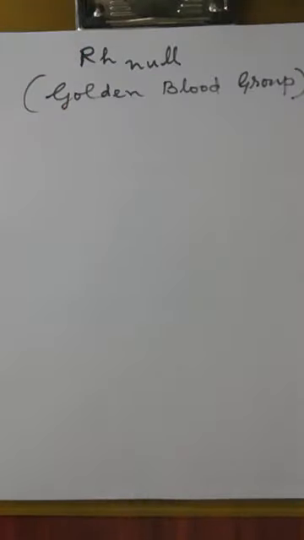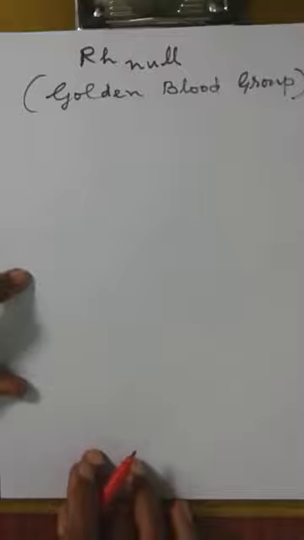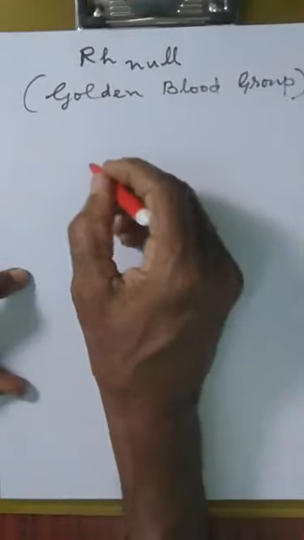What is RH null? Again, our starting point is an RBC.